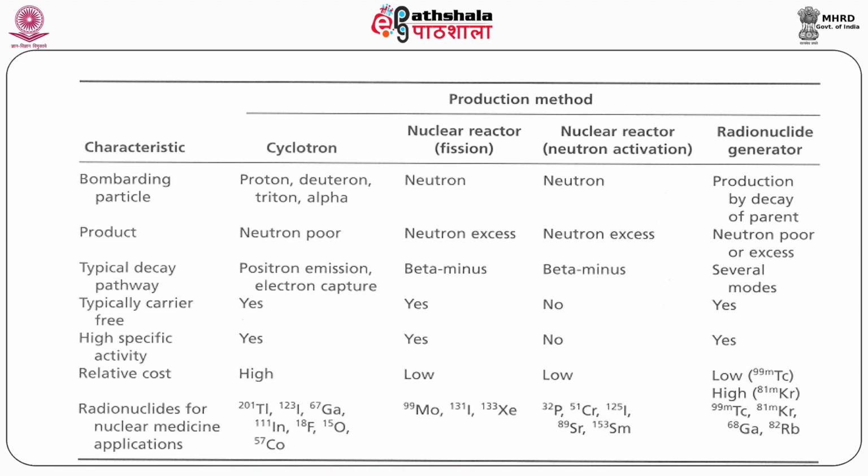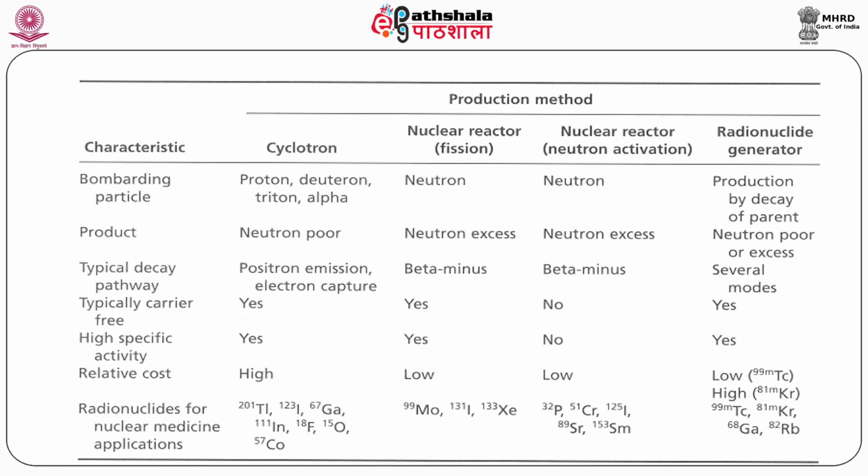Some kind of carriers are produced while the activation is taking place. In the generator, yes, it is carrier free. When we talk about specific activity, cyclotron gives high specific activity, reactor gives high specific activity in case of fission, but not in case of the N-gamma reaction when neutron activation takes place. And the generator, yes, it is a high specific activity.